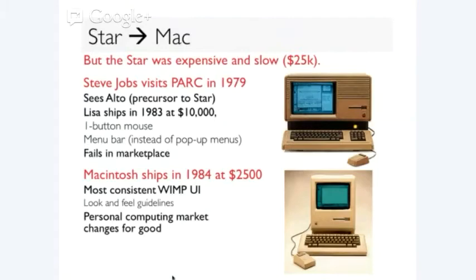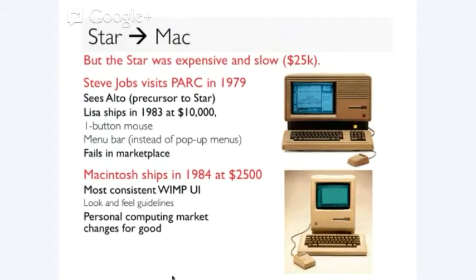And then, curiously enough, a lot of these new design decisions that appeared in the Alto and the Star suddenly popped up in the Macintosh as well, or in the Macintosh precursor, the Lisa.